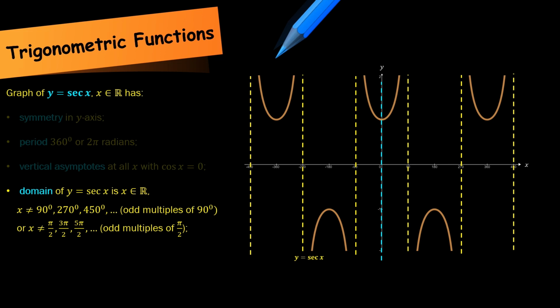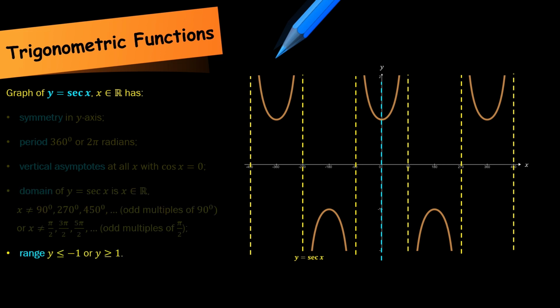In other words, the odd multiples of pi over 2. And the range of sec x is y less than or equal to minus 1 or y greater than or equal to 1, as shown.